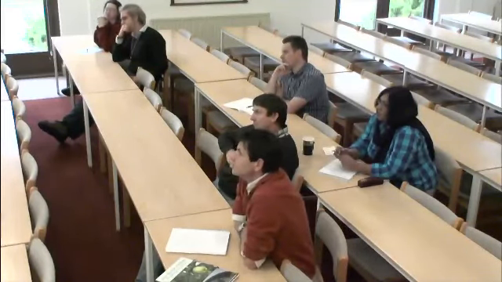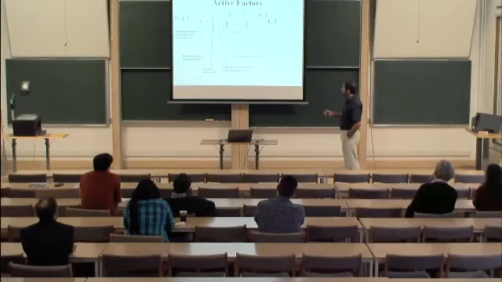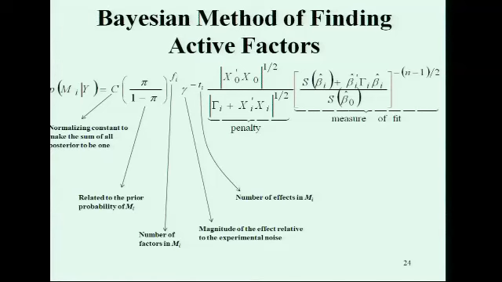This part here comes from the prior probability of each model, and pi reflects the prior probability that a particular factor is active. Since I'm not using any index here, I'm using the same prior for all factors.